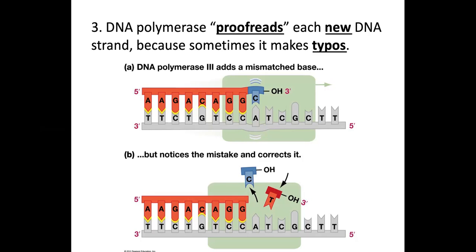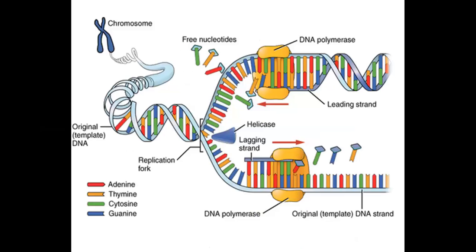So helicase first unzips, breaking the hydrogen bonds. Polymerase comes in and adds that complementary strand. Polymerase comes in again, and now it checks for typos. So this is just the process. You've got your DNA strand. What enzyme comes in here first?